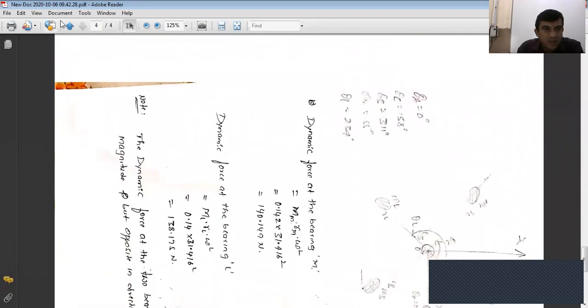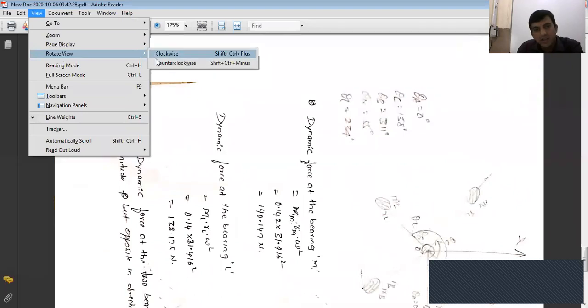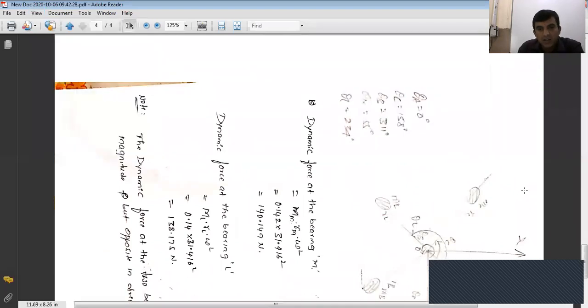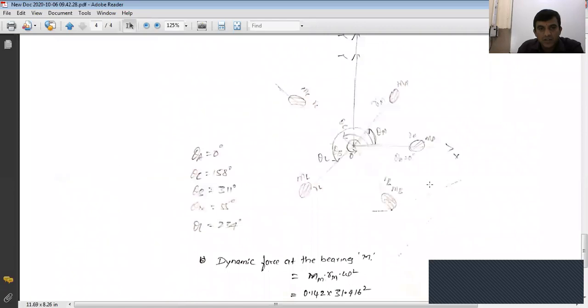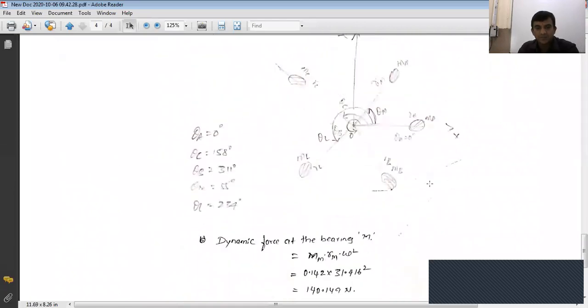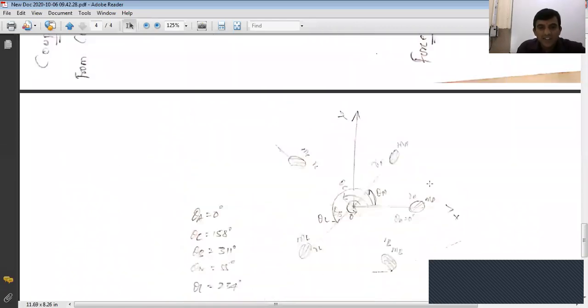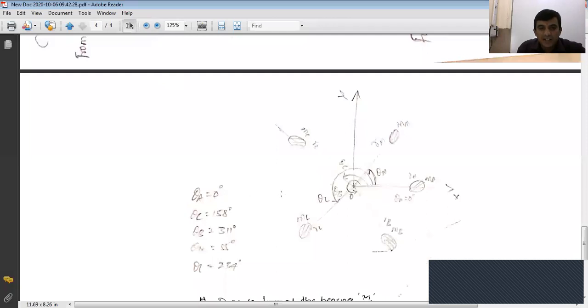Now, okay, one minute. Yeah, now see this. Before this, now you transfer all this. Theta A is 0 degree. Now this is your updated angular position of the rotating masses.